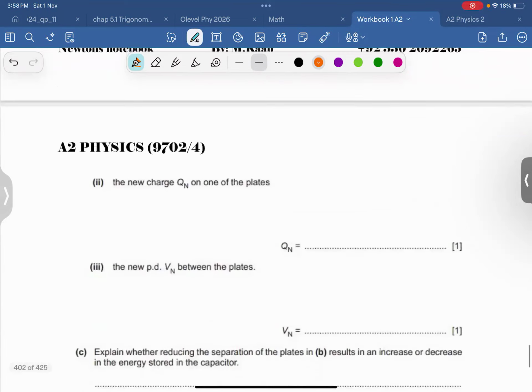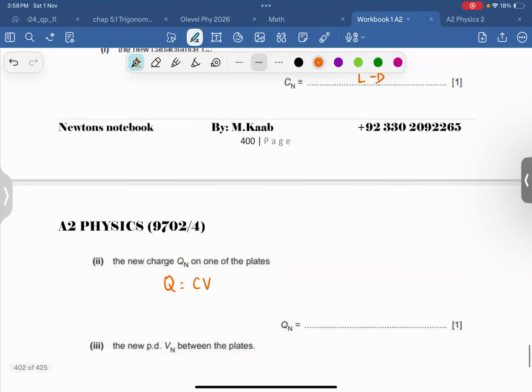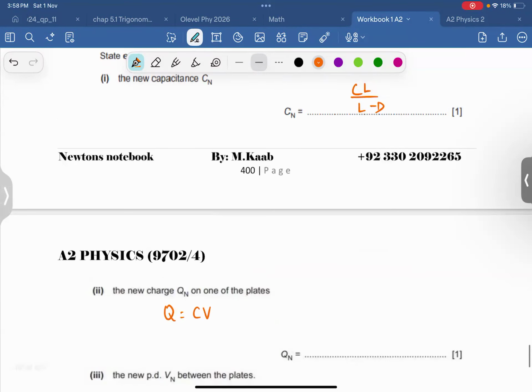Q equals CV, and if in place of C we put the new capacitance on one of the plates.